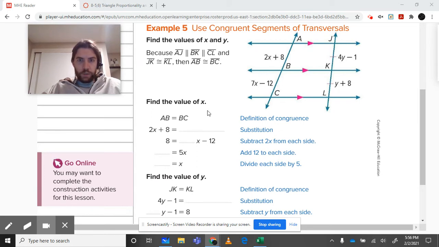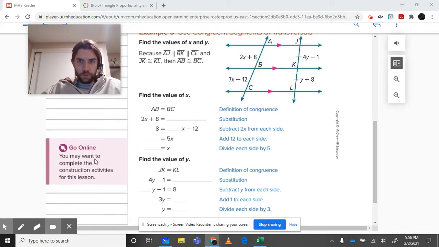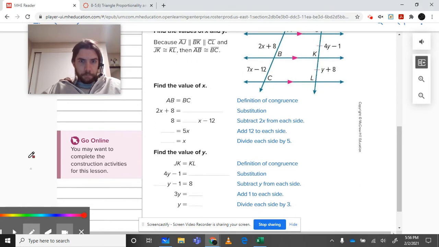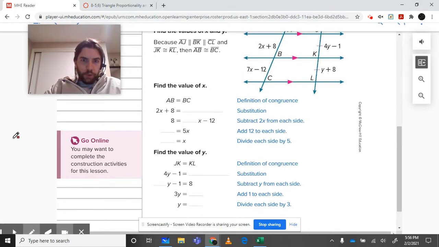So it says we can do some substitution. For BC, we can put in 7x minus 12.